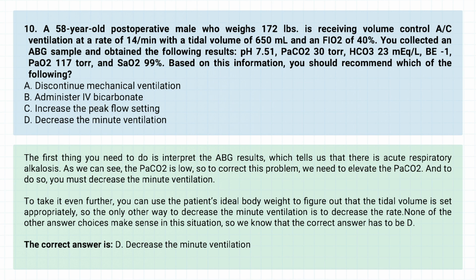To take it even further, you can use the patient's ideal body weight to figure out that the tidal volume is set appropriately. So the only other way to decrease the minute ventilation is to decrease the rate. None of the other answer choices make sense in this situation. So we know that the correct answer has to be D. Decrease the minute ventilation.